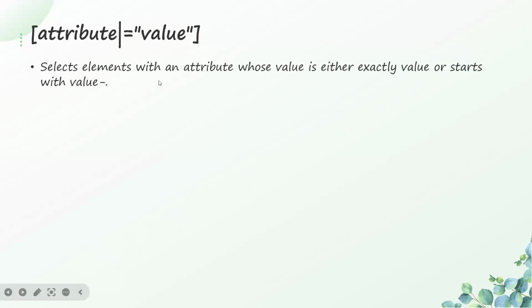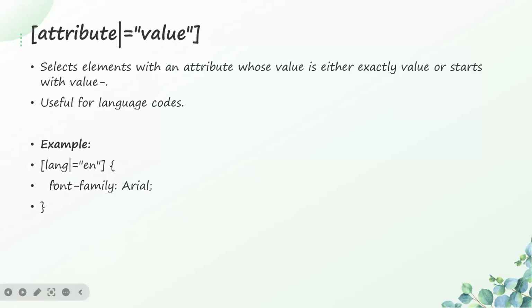So this one selects elements with an attribute whose value is either exactly the given value or starts with it. So when you want to target attributes that have a value that is exactly the same value or starts with, it is useful for language codes. Now look at this one: we are looking for an attribute that starts with.